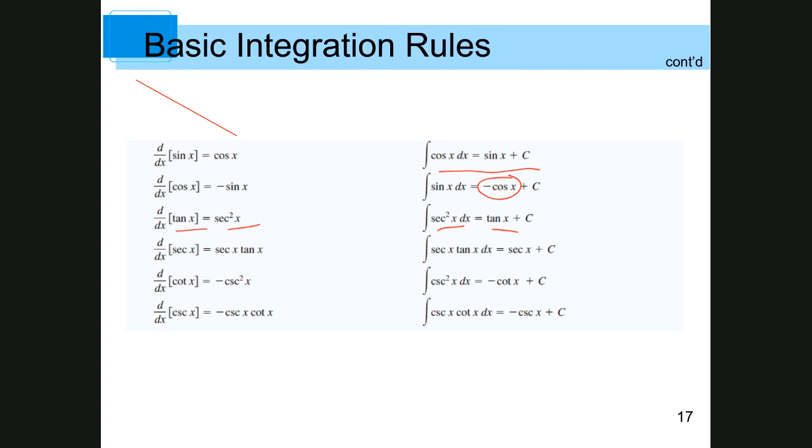The derivative of secant is secant times tangent, so the integral of secant times tangent becomes secant. The derivative of cotangent is minus cosecant squared, and the derivative of cosecant is minus cosecant times cotangent. So you just flip them. Integral is basically the backward of derivatives.